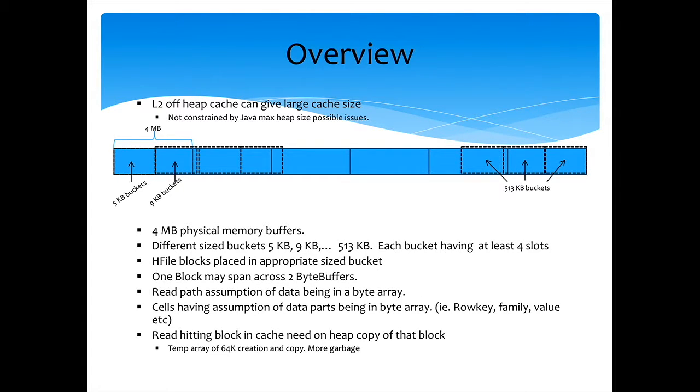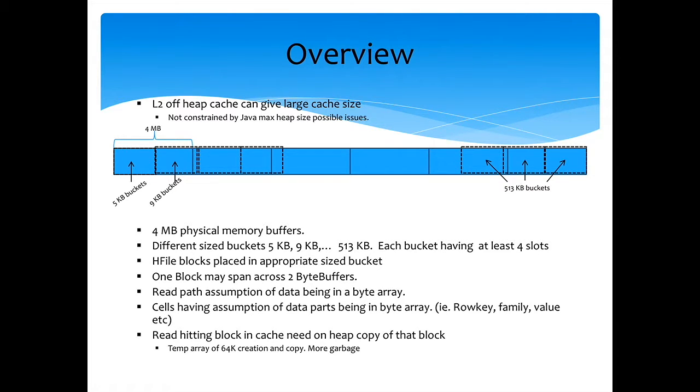That means when the maximum size is 513 KB, it's 513 KB into 4, that is 2000-something KB, split into 4 slots of 513 KB. The same total size is given for the 5 KB buckets and the 64 KB buckets also, so there we will have more slots.